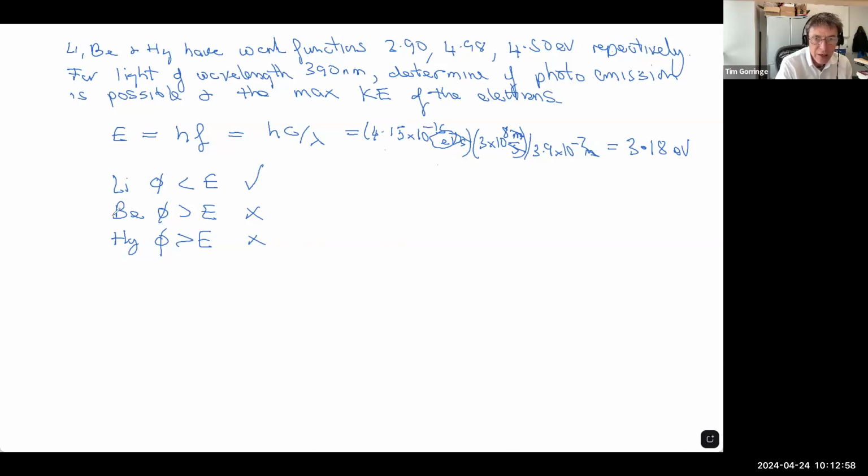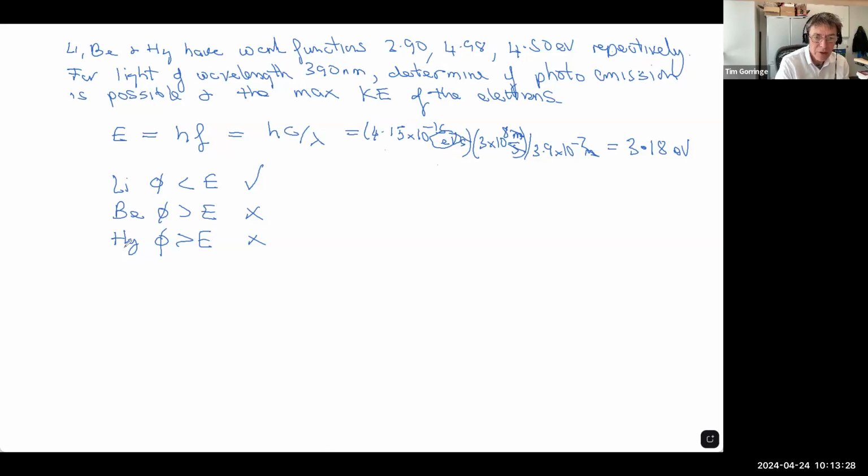On the other hand, beryllium has a work function that is 4.98 electron volts. The photons are only 3.2 electron volts, so they're insufficient to liberate electrons from beryllium because the work function of beryllium is larger than the photon energy. And so I indicated that the photoelectric effect is impossible with this wavelength, energy of light on beryllium.